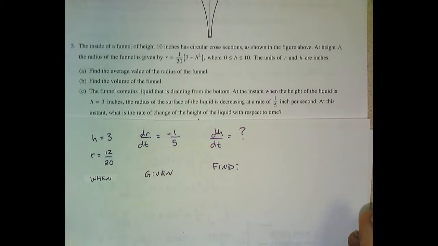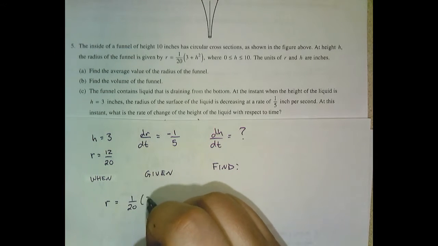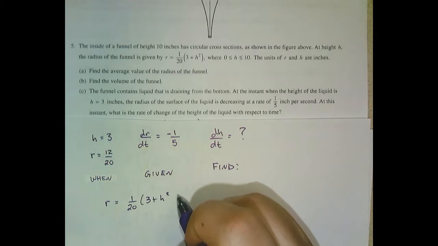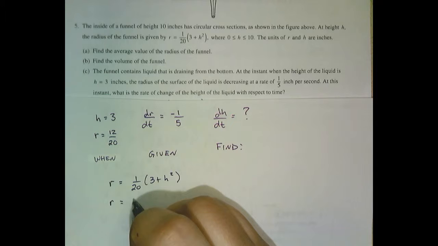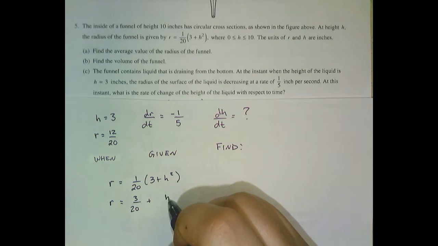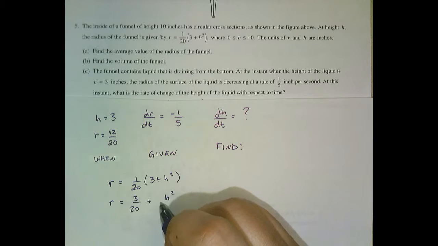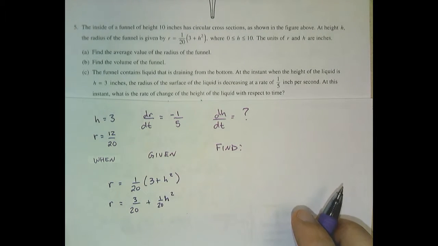The relationship between r and h is 1/20th times 3 plus h squared. Or if we distribute that 1/20 through, we'd have 3/20ths plus 1/20th h squared. Okay. So we want to set up and take our derivative.